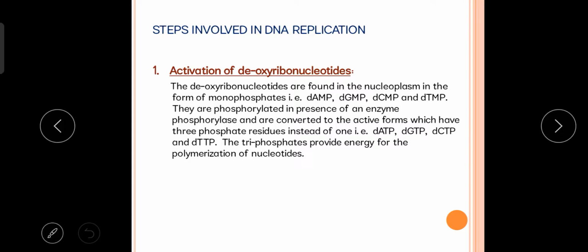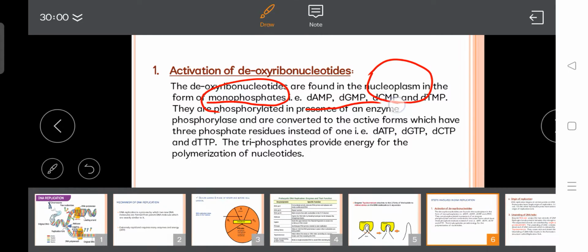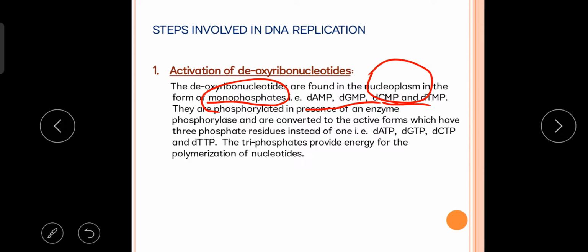But remember, all these deoxyribonucleotides are found in the nucleoplasm in the form of monophosphates. That means deoxyadenosine monophosphate, deoxyguanosine monophosphate, deoxycytidine monophosphate and deoxythymidine monophosphate.